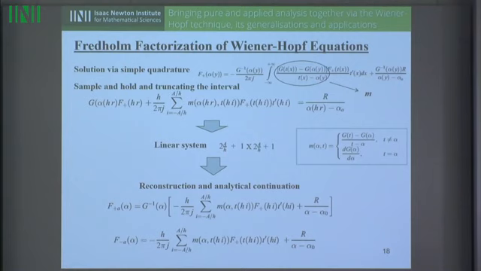h is the step of the integration, and after performing the discretization, we get this. This is a (2a over h plus 1) times (2a over h plus 1) linear system. We can solve it and get the samples of f plus. By using this formula, we rebuild our f plus, and we can analytically extend.